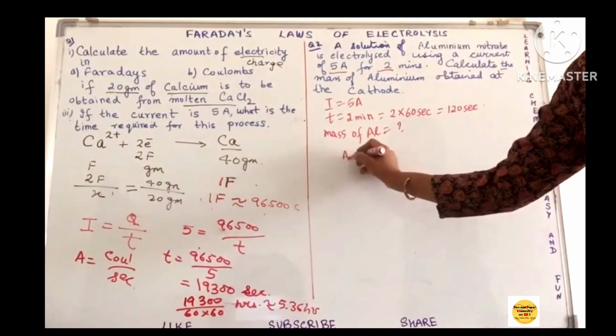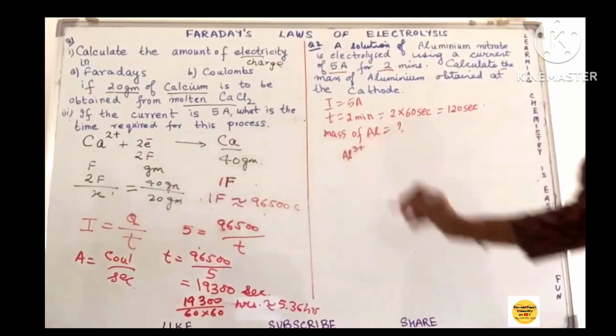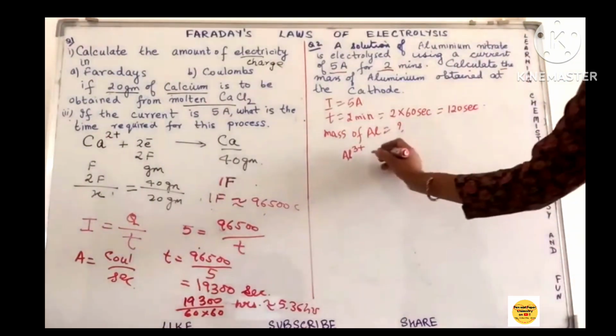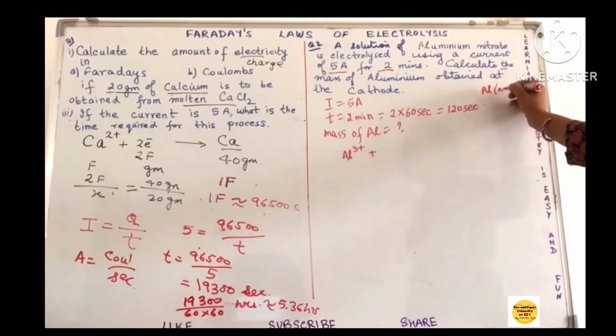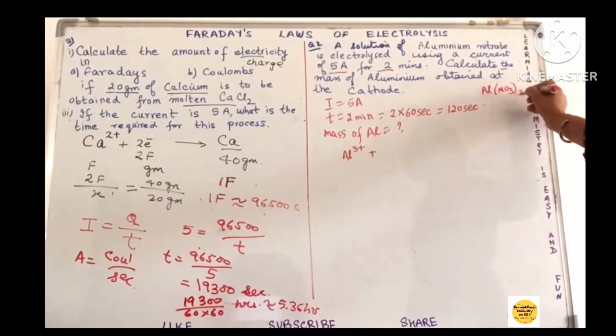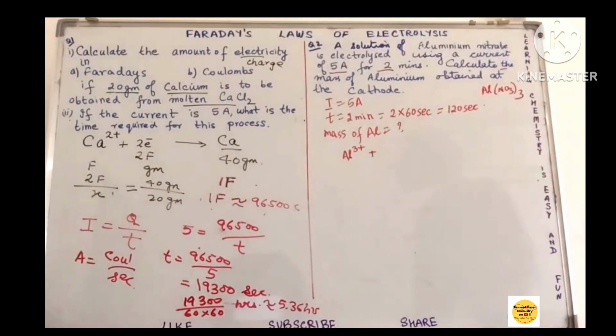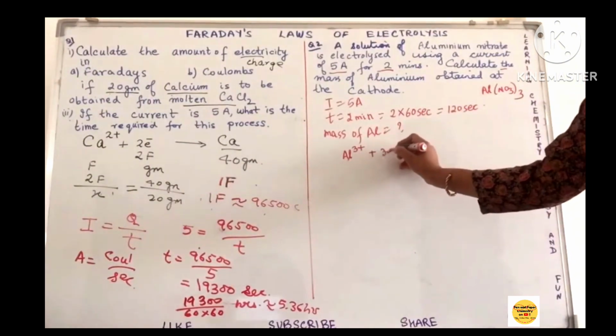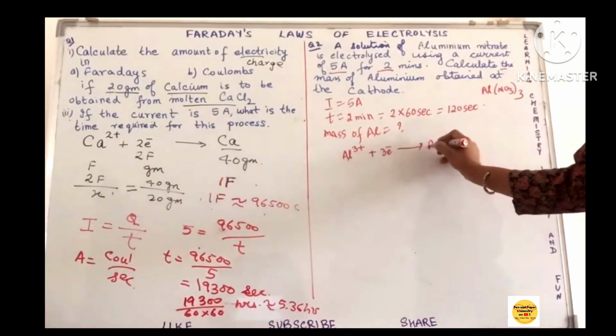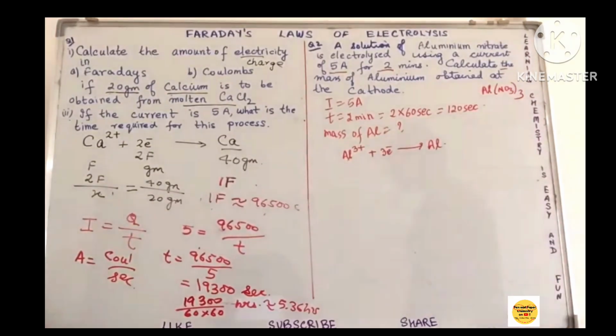We also know that aluminium has a valency of 3. So aluminium nitrate is nothing but Al(NO3)3. If you are not confident about writing the formula of a compound, please refer to the video on writing of chemical formulas. Now Al3+ plus 3 electrons gives you Al, right?